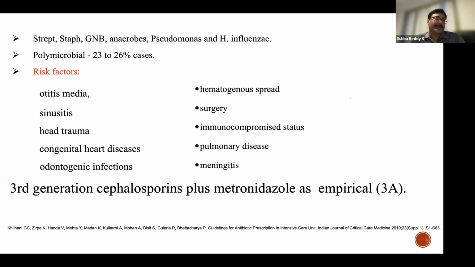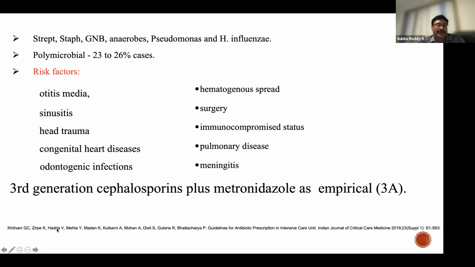As I told, 25% of the time it is polymicrobial. The risk factors are otitis media, sinusitis, head trauma, congenital heart disease, or any tooth infections, or hematogenous spread, or surgery, or an immunocompromised state, or if they have associated meningitis, they are at risk of developing brain abscess.